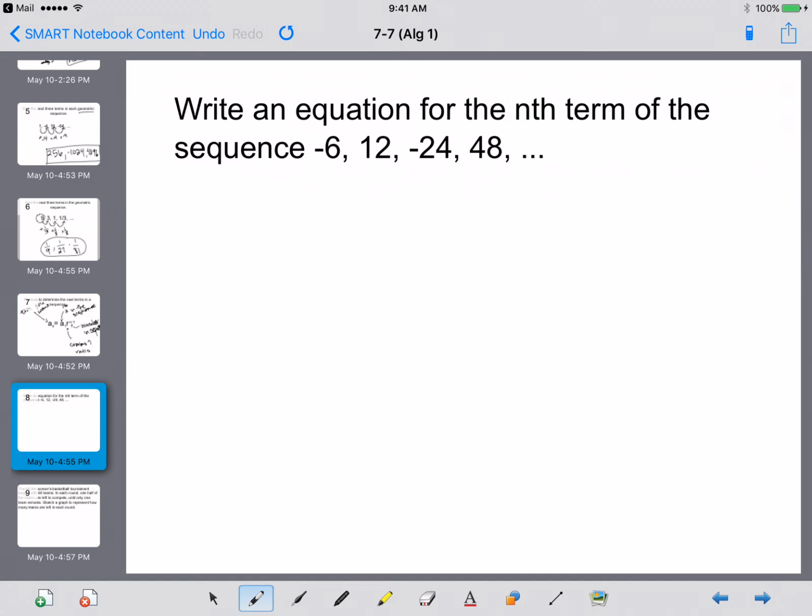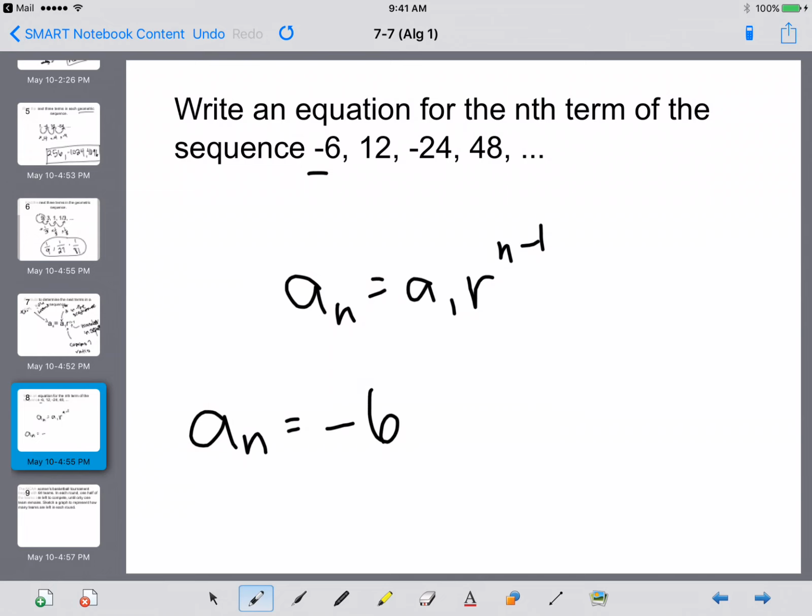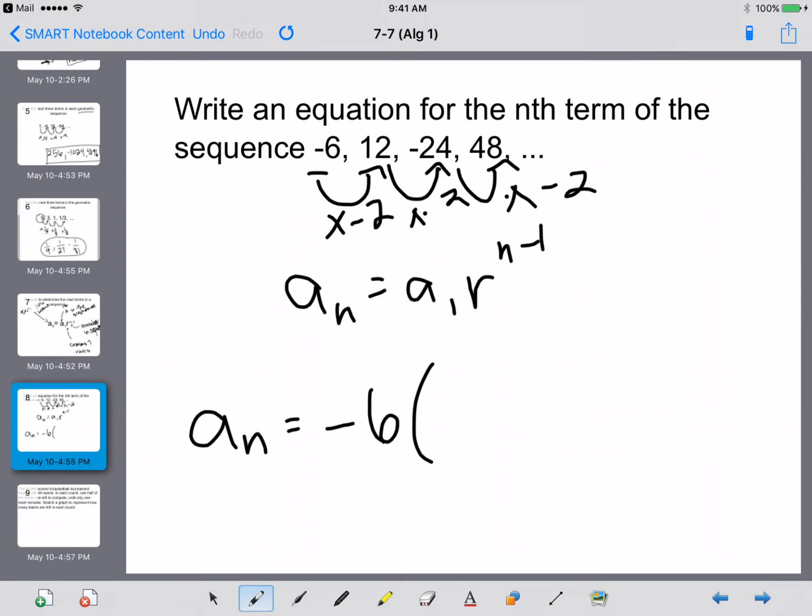So in this case, we want to write an equation for the nth term of the sequence. So we're going to need a sub n equals a1 times r to the n minus 1. So first things first, our a sub n is what we want, so that can stay. Our a1 is the first number in our sequence, so that's -6. Now we need to figure out our common ratio. So to get from -6 to 12, I'm multiplying by -2. 12 times -2 gets us -24, and -24 times -2 gets us 48.